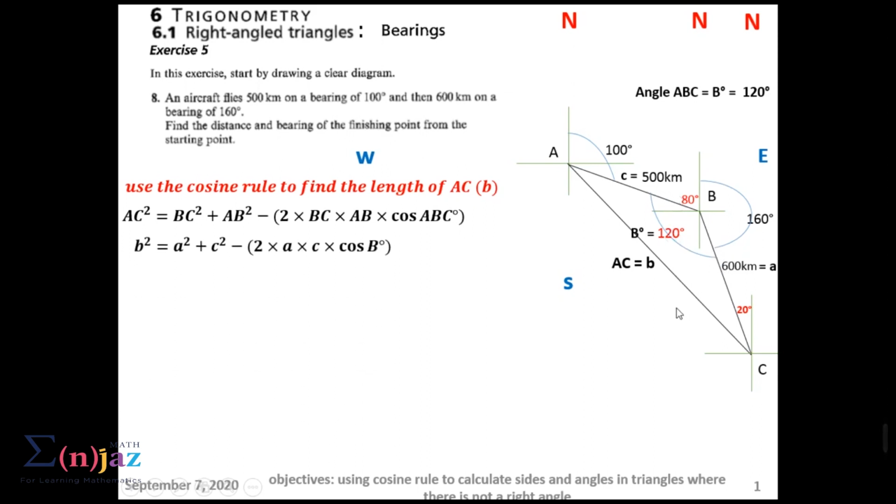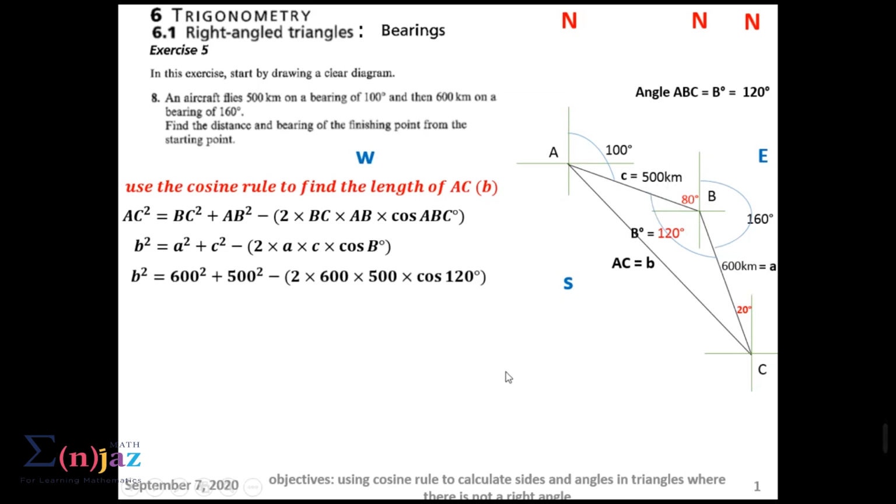Let's write it in an easier way. Side b small to the power of 2 is equal. What are the other two sides? A and C. A squared plus C squared minus inside the bracket 2 times A times C times cosine the angle between the two known sides.